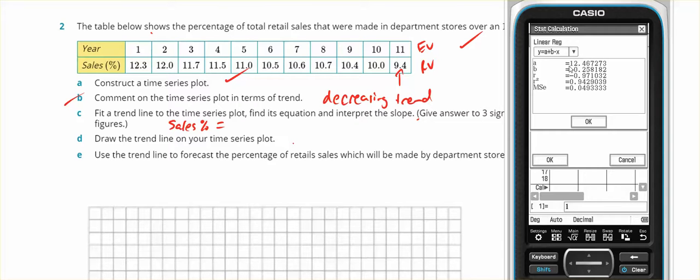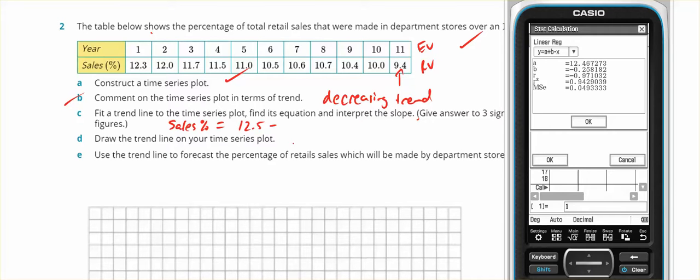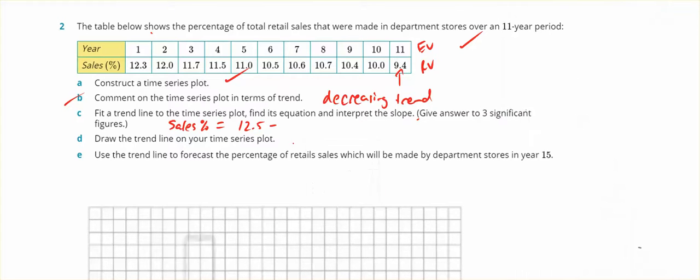To three significant figures, that's 12.5. We have to round up. So 12.5, minus, which makes sense because the trend is decreasing, 0.258 times our explanatory variable, which is year number.